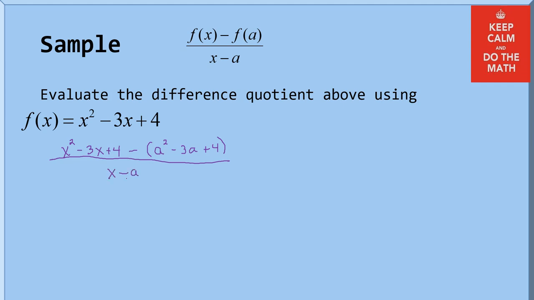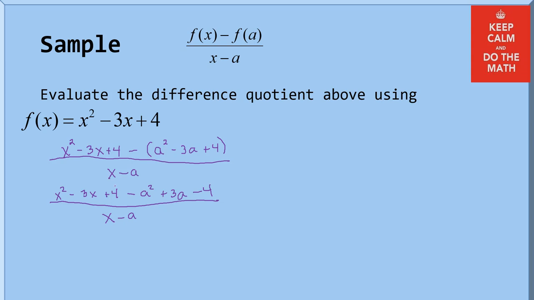So my job now is just literally start to simplify and see what I've got here. So I'm going to start by distributing the second minus. So I actually have x squared minus 3x plus 4 minus a squared plus 3a minus 4. Again, all of this is still over x minus a.